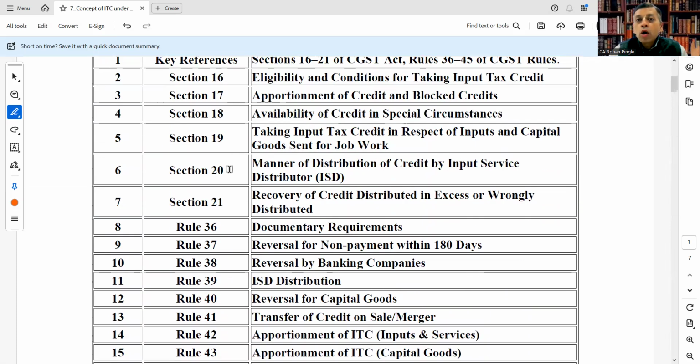Section 16 talks about eligibility and conditions. Section 17, apportionment of credit and blocked credit. Section 18, availability of credit in special circumstances. Section 19 talks about taking input tax credit in respect of inputs and capital goods sent for job work. Section 20 talks about the manner of distribution of credit by ISD. Section 21 talks about recovery of credit distributed in excess or wrongly distributed.